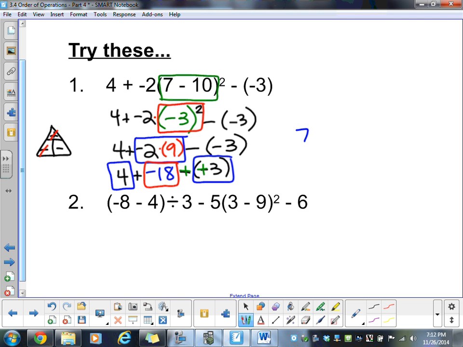That's 7 good guys. And then I have that one set right here of bad guys, which is a negative 18. So if I have 7 good guys and 18 bad guys, when the good guys and bad guys cancel each other out, that's going to leave me with a final answer of negative 11, or 11 bad guys. Okay?